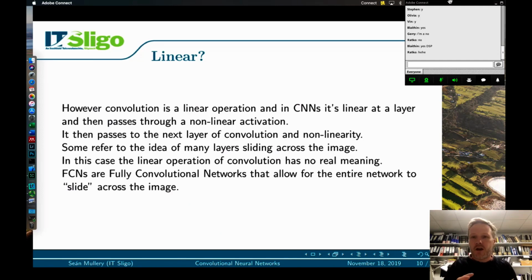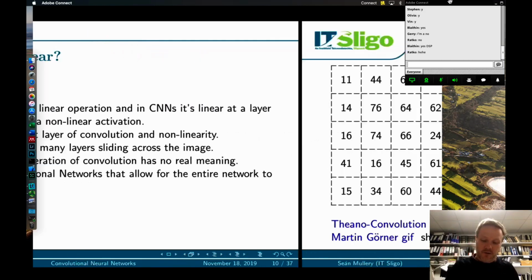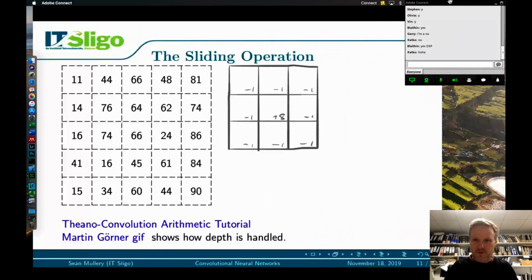If you have a much larger image than that, you might want to slide your entire network across that image, creating outputs as you go, and then trying to determine whether you found things at these different points. Again, we're just talking about that sliding action in that case, and we're not including the other parts of the definition of convolution.